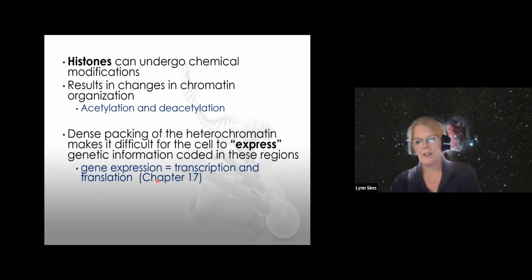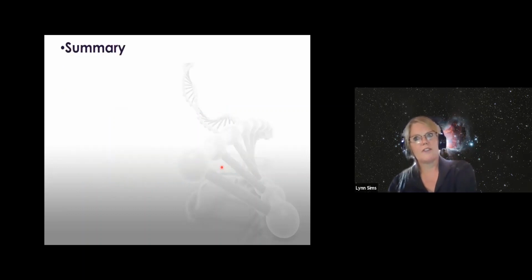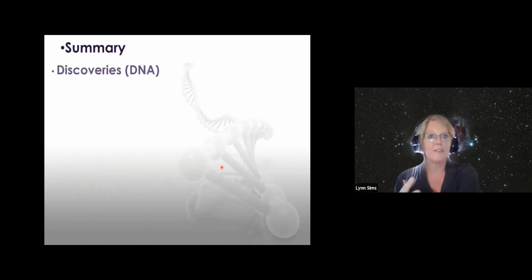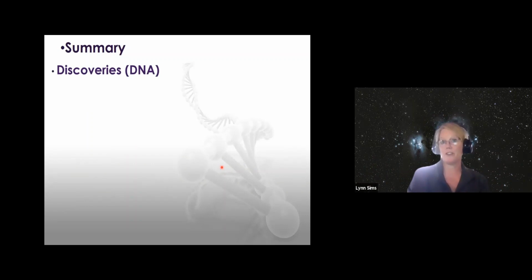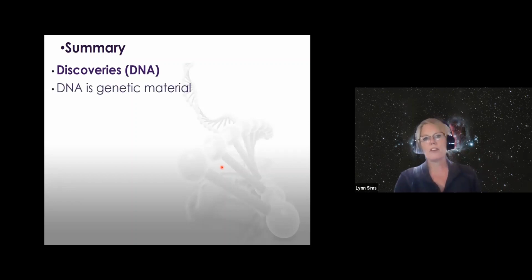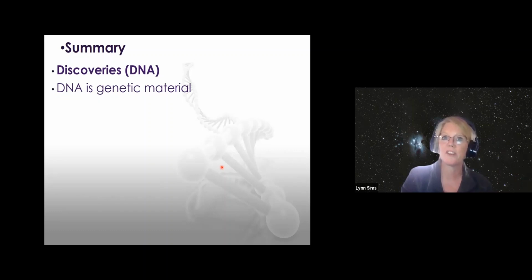All right. So today, if you remember, we talked about the discoveries that led to all this information about DNA, and we learned about a bunch of different scientists. Some of these include that DNA is the genetic material, or the transforming material. It's transmitted from one generation to the next, and it stores the information which directs the processes that occur inside the cell.